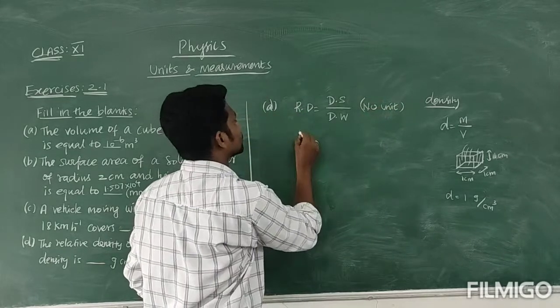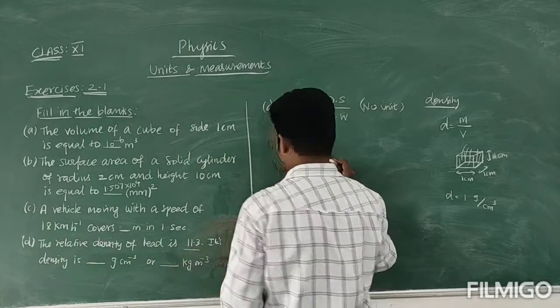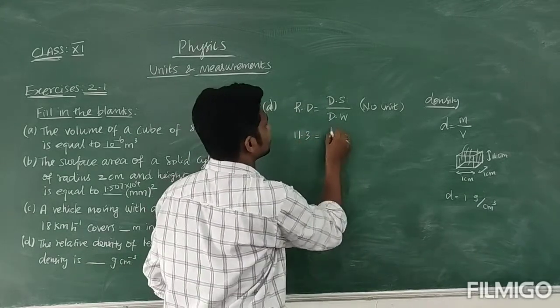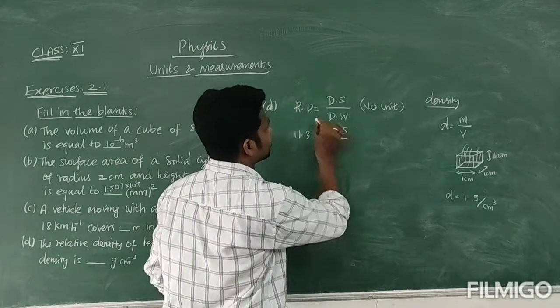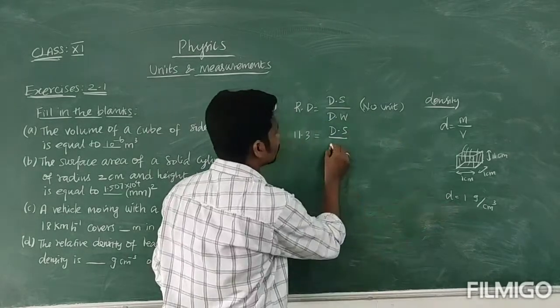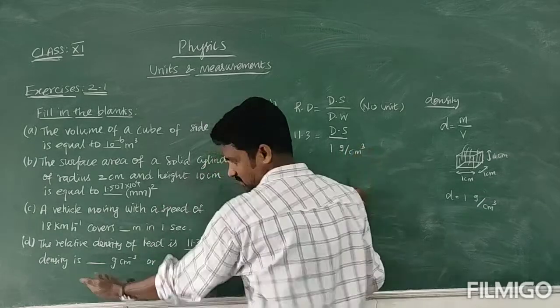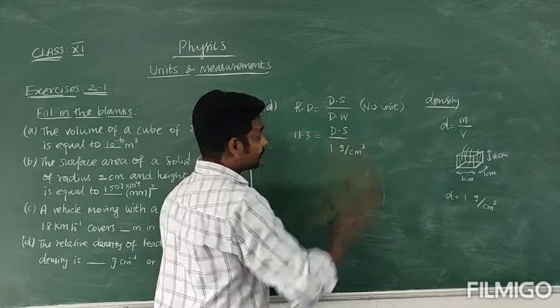Okay, so the relative density is given. See that the relative density of the material for lead is 13.3. It is given. Then density of substance, that means what here? Density of lead. Okay, then divide by density of water. Density of water is how much? 1 gram per centimeter cube. Because the first question, what is it asking? In gram per centimeter cube. So for that only I take gram per centimeter cube.